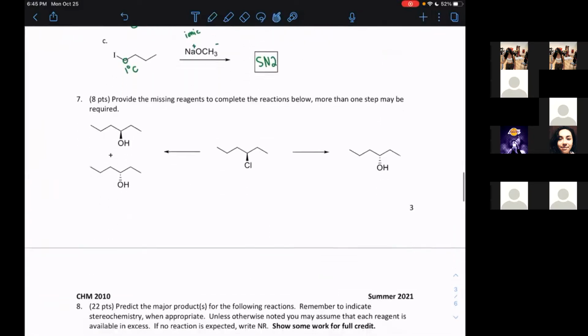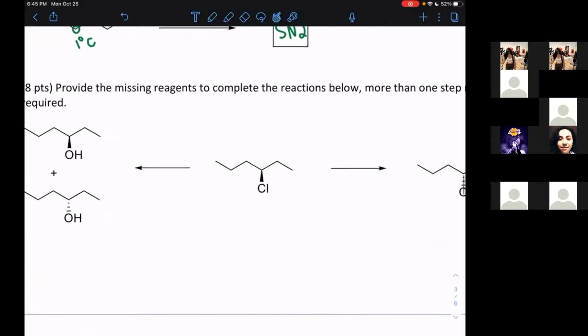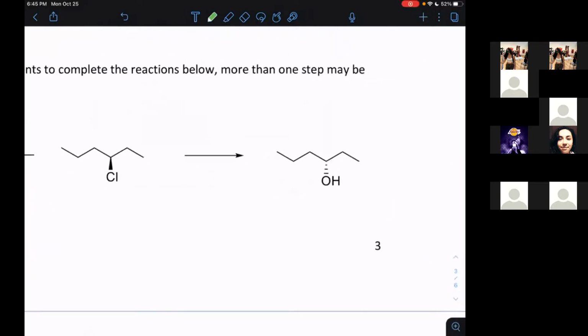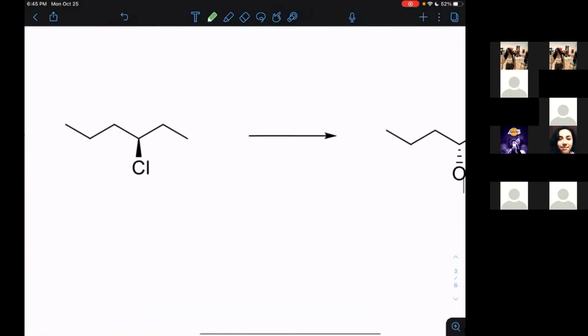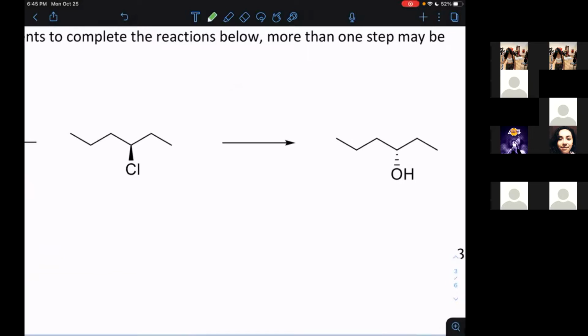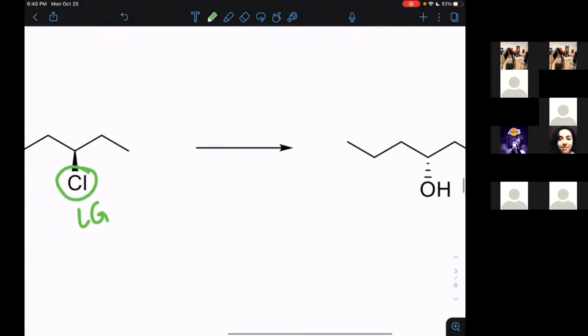Okay, what's that one? Okay, this one, provide the missing reagents. So this one, we notice that, let's see. Okay, I'll go this way first. So we already have a good leaving group here, so we're just going to replace it with OH. That's a 2nd degree, so it could be either.